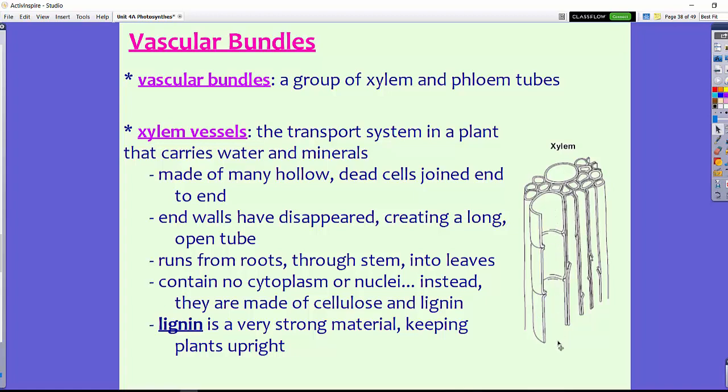Now the end walls, the walls that connect these cells, have disappeared, which allows it to have this really long open tube, which allows water to flow through. Think of bamboo or straws. So these are long, dead cells attached to each other. Very strong cell walls remain, but they allow things to flow through.